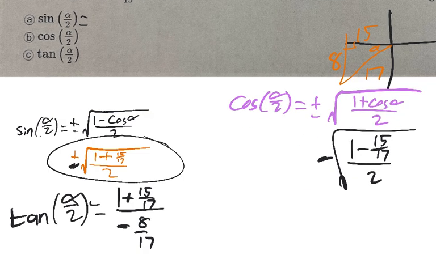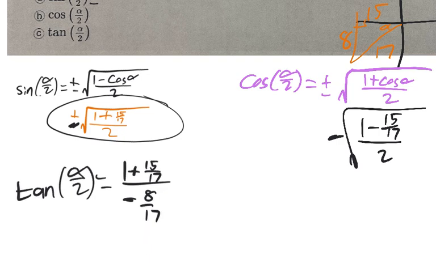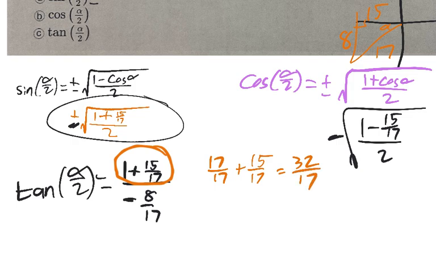So, again, my open math will probably just take this, but I'm going to pretty it up a little bit. I'm going to get a common denominator in the numerator. So this is 17 over 17 plus 15 over 17, which is 32 over 17. That's my numerator. So I have 32 over 17 times negative 17 over 8.